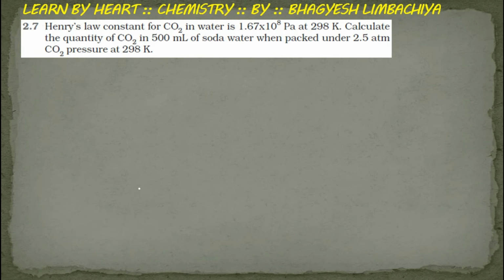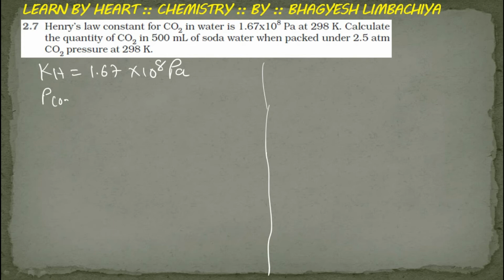Henry's law constant for CO2 in water is given to you at 298 Kelvin. Calculate the quantity of CO2 in 500 ml of soda water when packed under 2.5 atmosphere CO2 pressure at 298 Kelvin. So here you are given KH 1.67 into 10 raised to 8 Pascal.